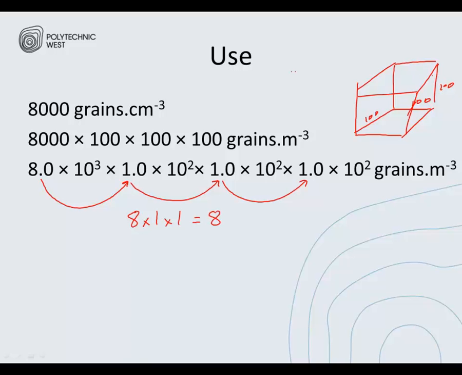And then add the exponents: 3, 4, 5, 6, 7, 8, 9. So that gives me 8 times 10 to the 9 grains per cubic metre. Once again, you multiply the numbers and add the exponents. That makes life a lot easier.